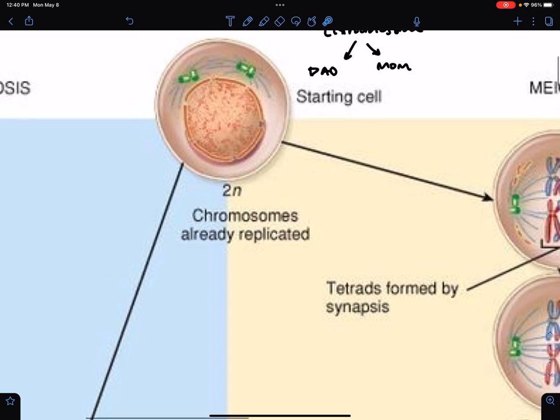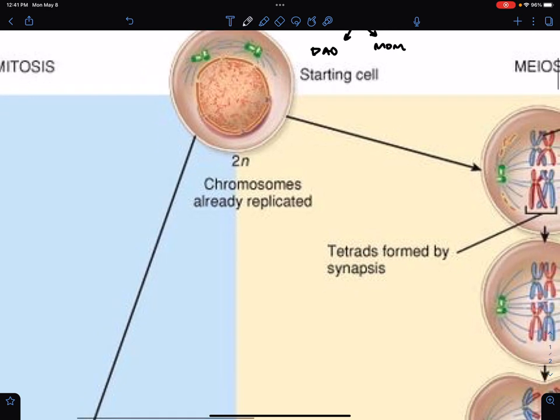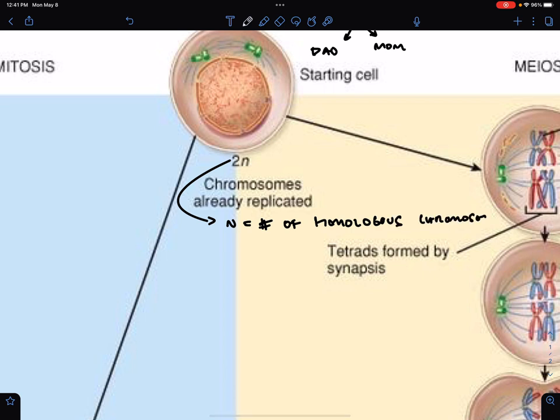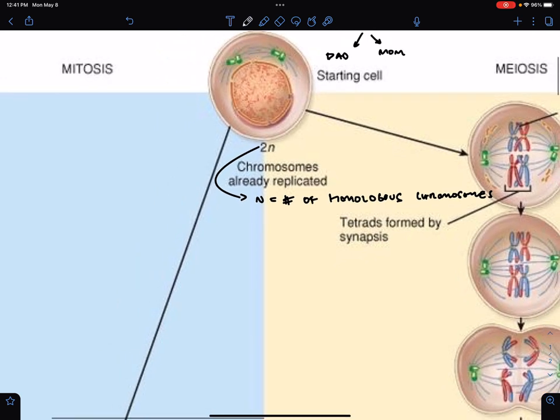We abbreviate this number: we say this would be a cell that is 2n, where n is equal to the number of homologous chromosomes. So for humans, n is equal to 23.